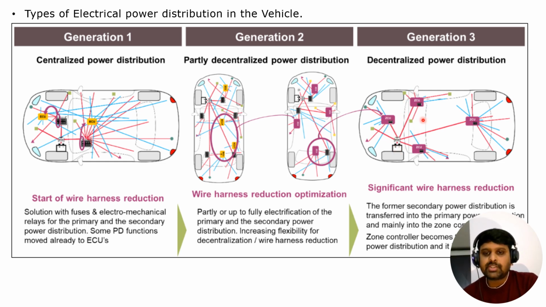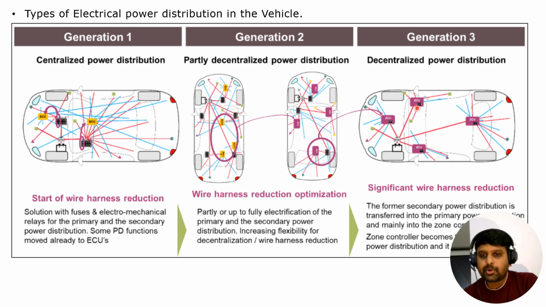It is similar to the generation 2 type of power distribution systems, but the only change is that all the OEMs are replacing the mechanical fuses and relays or any kind of switches with electronic control units.